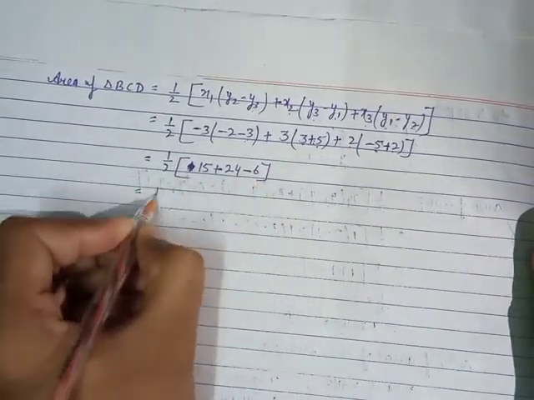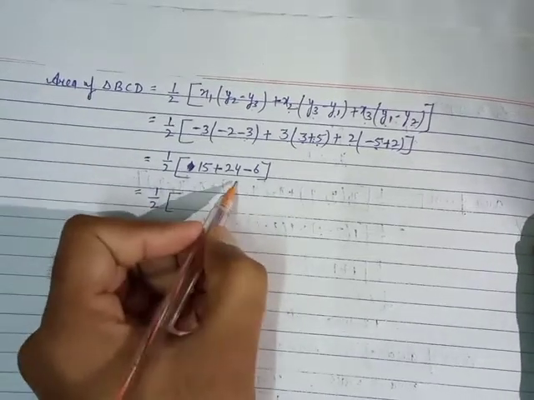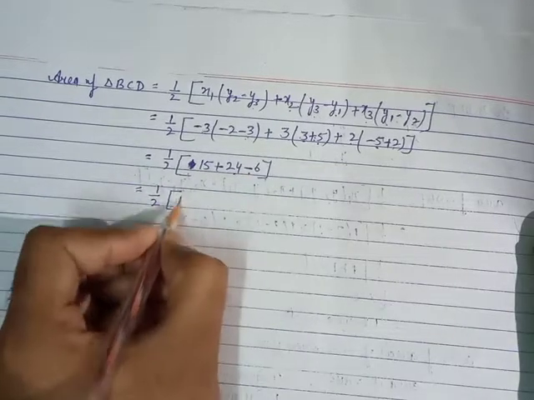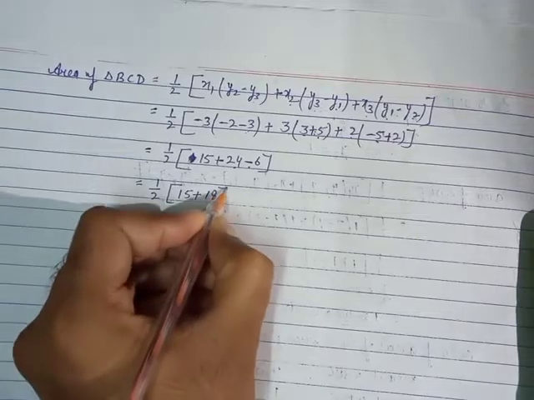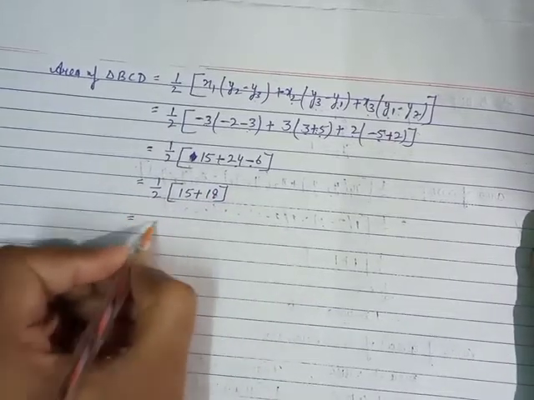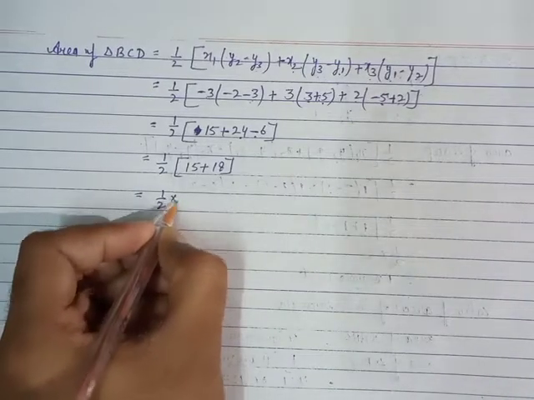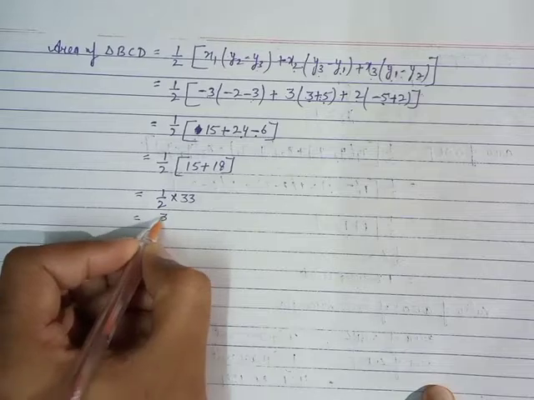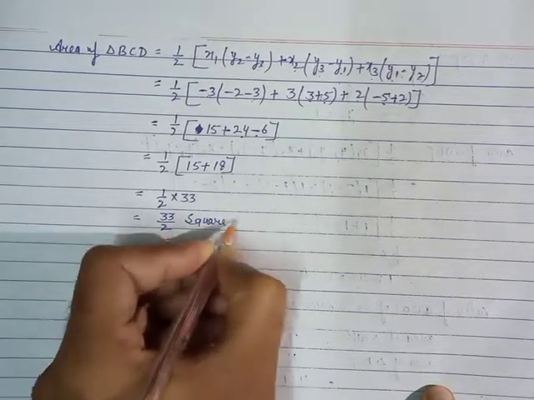Now you can see 1 upon 2, 15 plus 24 minus 6 will be 33. So 33 upon 2 square unit.